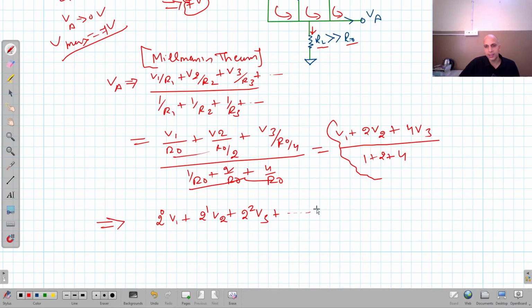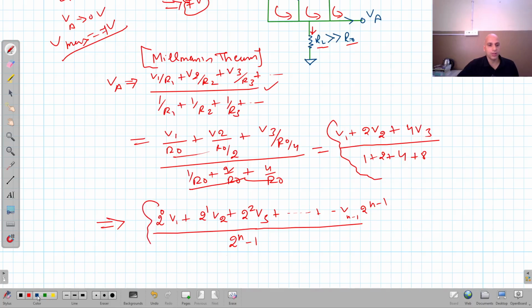In general form, plus so on, up to 2 raised to power n minus 1 into Bn, divided by 1 plus 2 plus 4, which is 7, that is 2 raised to power n minus 1. If I have 4 bits, then it will become plus 8 here, and then it will become 15. 15 means 2 raised to power 4, 16, minus 1. So this is the modified form of Millman's theorem.